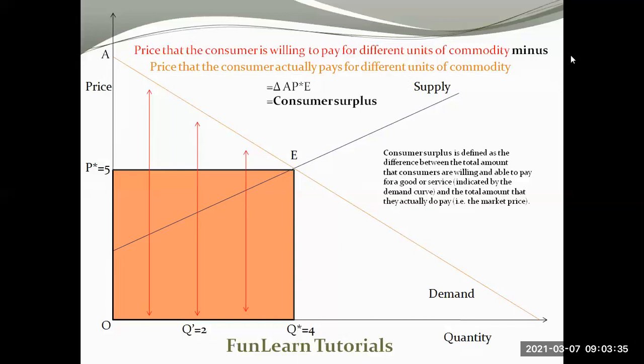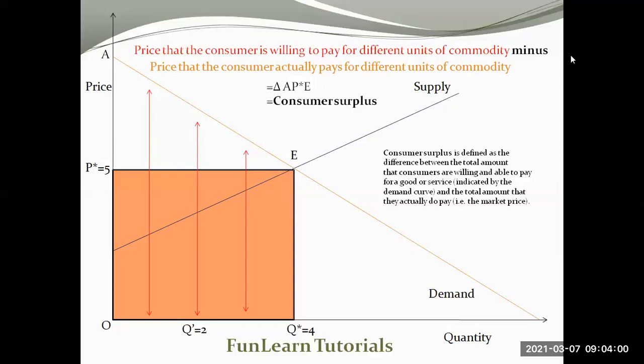Consumer surplus is defined as the difference, as the formula says, a minus, so it's a difference between the total amount that the consumers are willing and able to pay for a good or service indicated by the demand curve. So the demand curve indicates the amount that the consumers were willing and able.